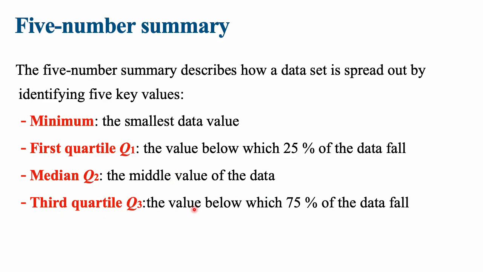Third quartile, the value below which 75% of data fall. Maximum is the last data value. So the 5 number summary gives 5 numbers: minimum, first quartile, median, third quartile, and maximum. That's what we call the 5 number summary.